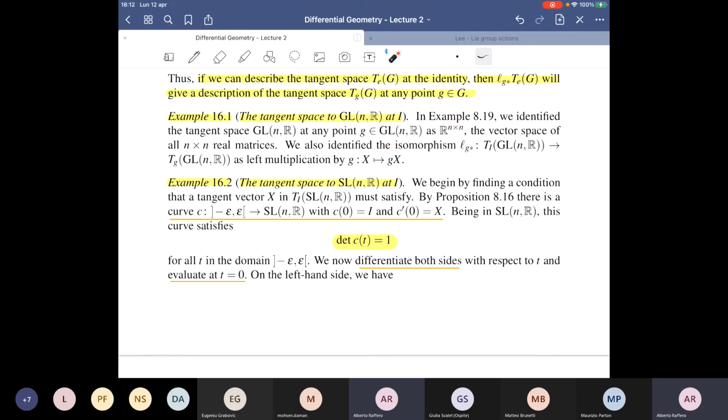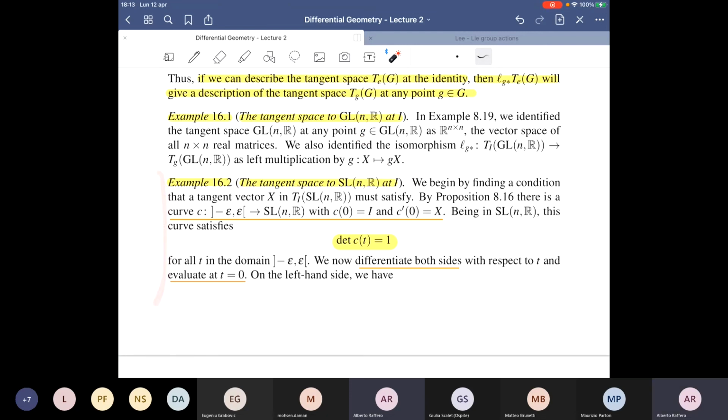You saw this, I think, in the first lecture. You can identify the differential of the left translation with the left multiplication by matrices. So in this case, g is an element of GL(n,R), so it is a matrix, and the differential of the left multiplication by the matrix g is again the left multiplication by the matrix g.